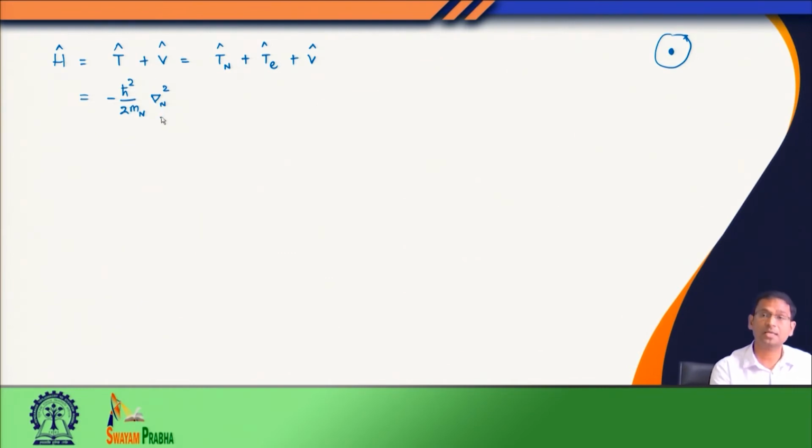So, this Laplacian has d square by dx square, d square by dy square, d square by dz square, where this operator is defined with respect to the coordinate of the nucleus. Similarly, for the electron's kinetic energy, we can write down where me is the mass of the electron, and this is the Laplacian corresponding to the electron's position or the electronic coordinate.